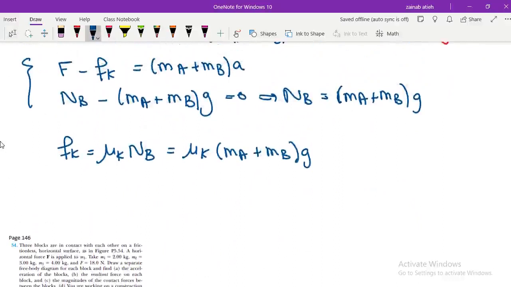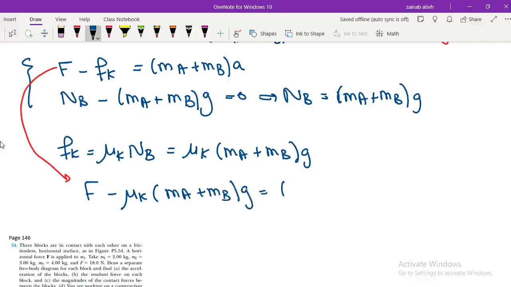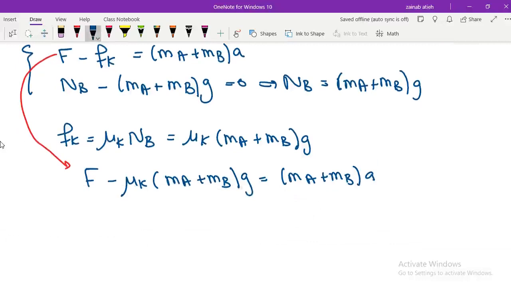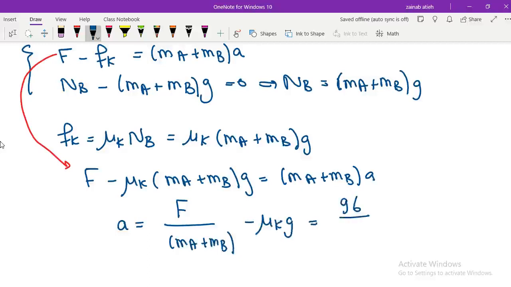I will substitute in the first equation. We have F minus mu K MA plus MB G equals MA plus MB A. So A is equal to F over MA plus MB, minus mu K G. I have all numbers: 96 over 12 plus 20, which is 32, minus mu K, given as 0.2, times 9.8.